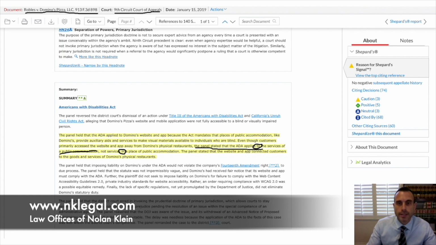But until those things happen, a prudent business with a public-facing website will make itself accessible, and we'll discuss what accessibility means right now, de facto, pending some type of actual regulation of this area. And that's in part because websites are viewable and usable all over the country.